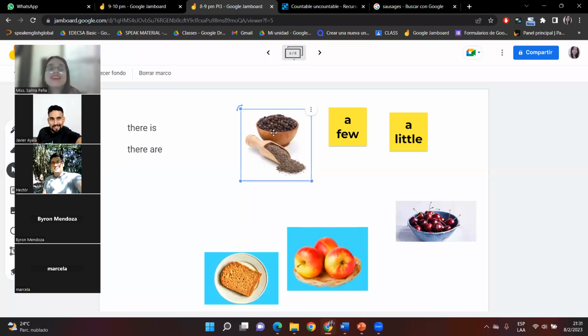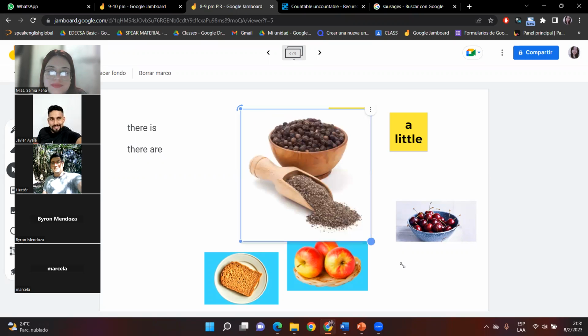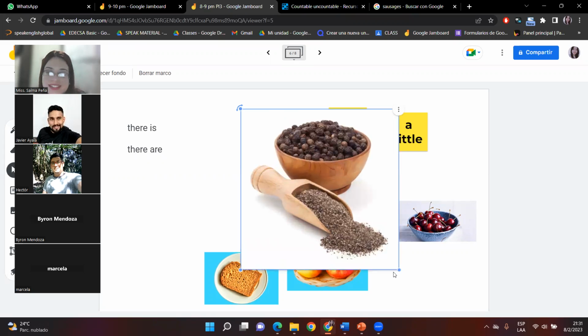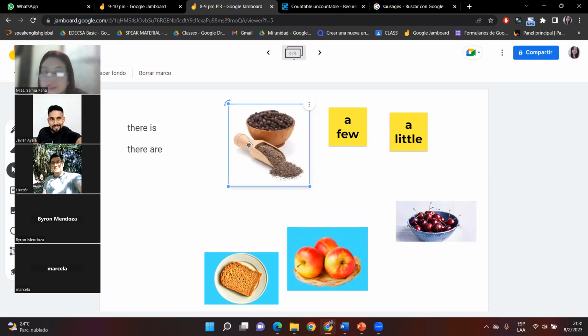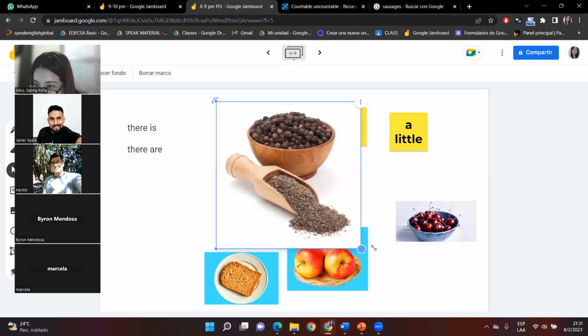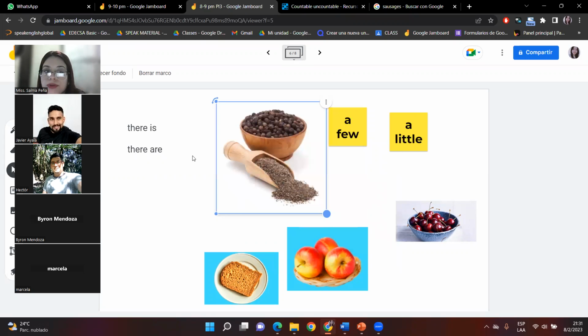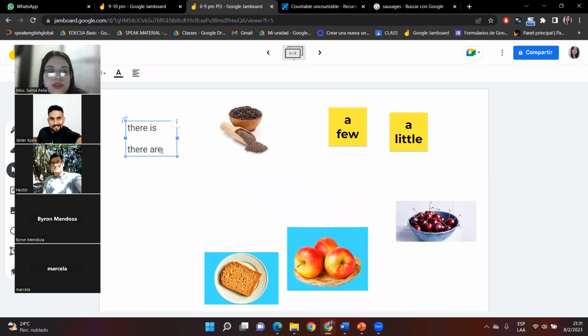Pepper. Yes, pepper. It's not coffee, it's not chocolate, it's pepper. It's like black pepper. What does it mean, pepper? It's kind of a powder, a condiment that we use to prepare food or to season food.